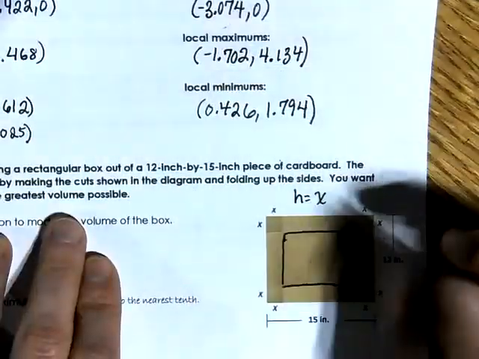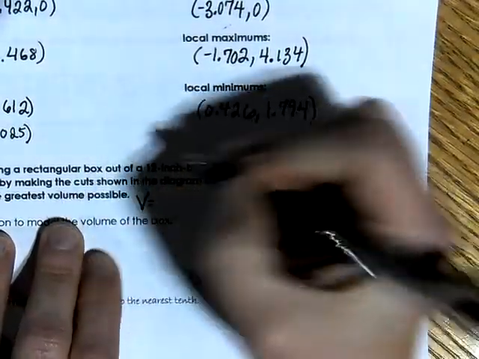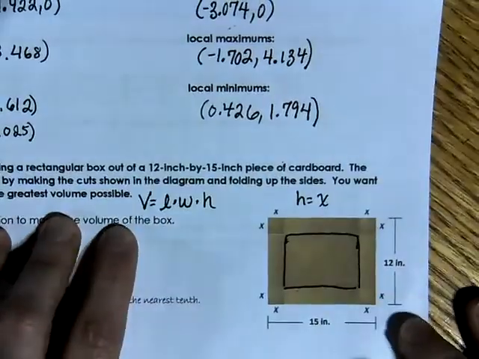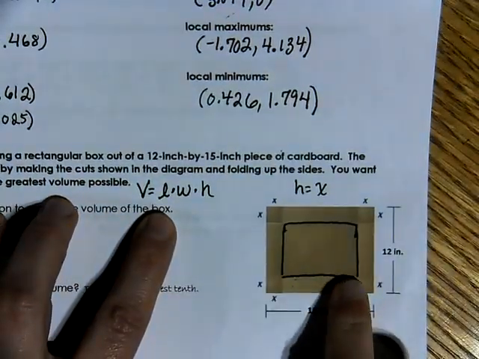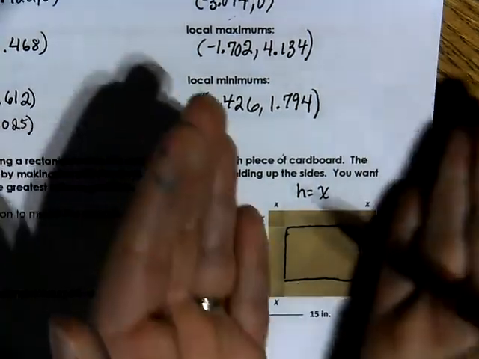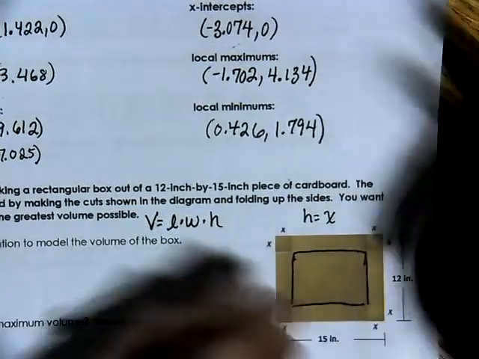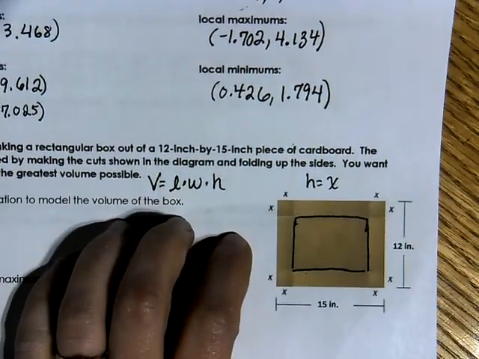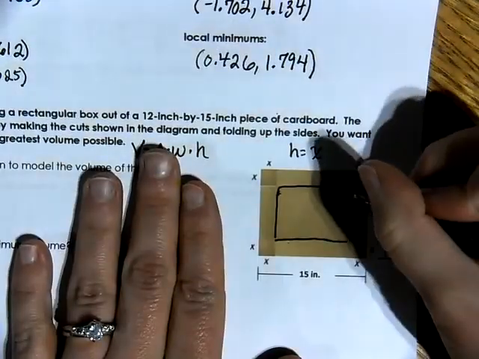Remember, the volume of a box is length times width times height. We have to figure out what the length and the width of our base is, multiplied by our height. So if you can imagine these pieces being folded up, if they're all the length of x, our height is going to be x.